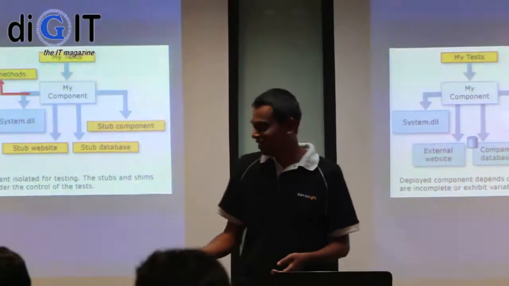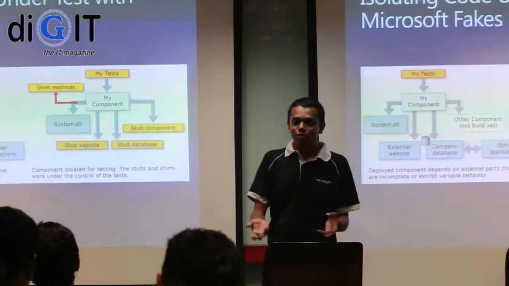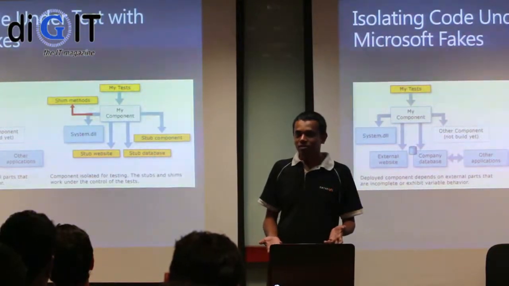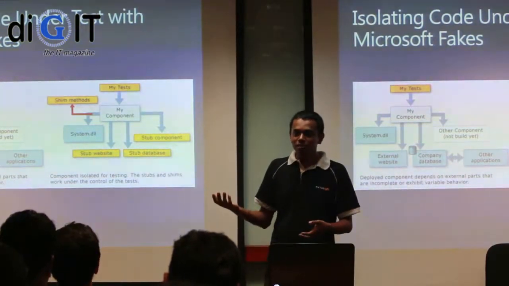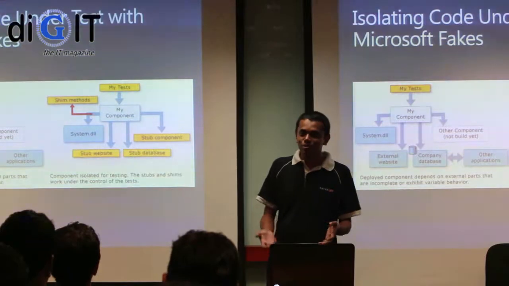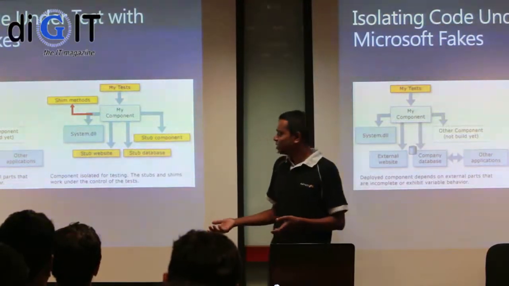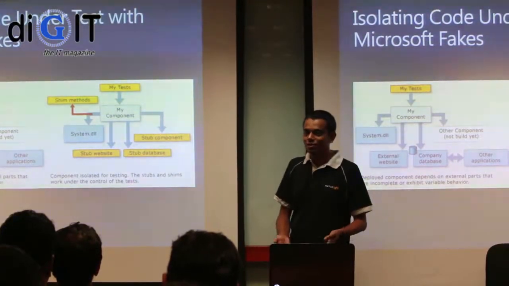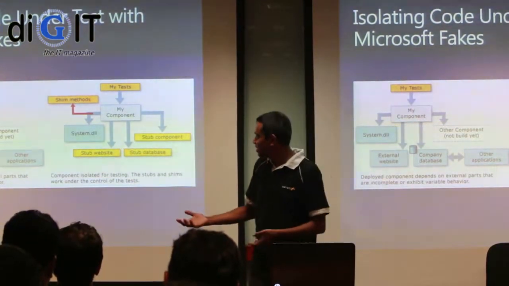Can you change the code of that? Not possible. You have the code available, but are you going to change it? I don't think so, because you are busy writing your own code. You don't have time.